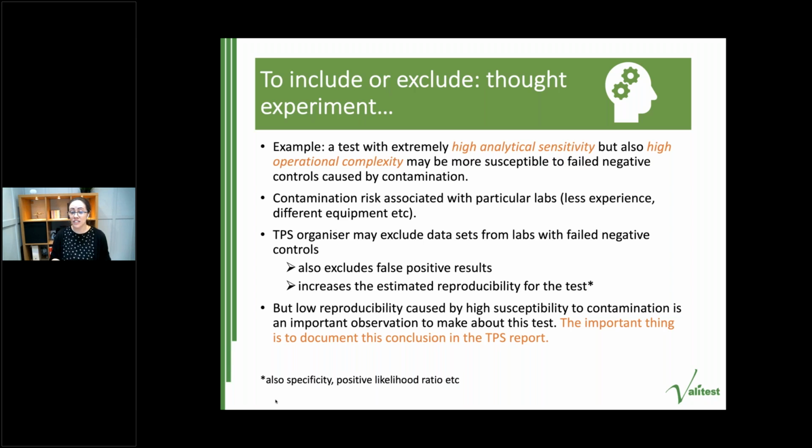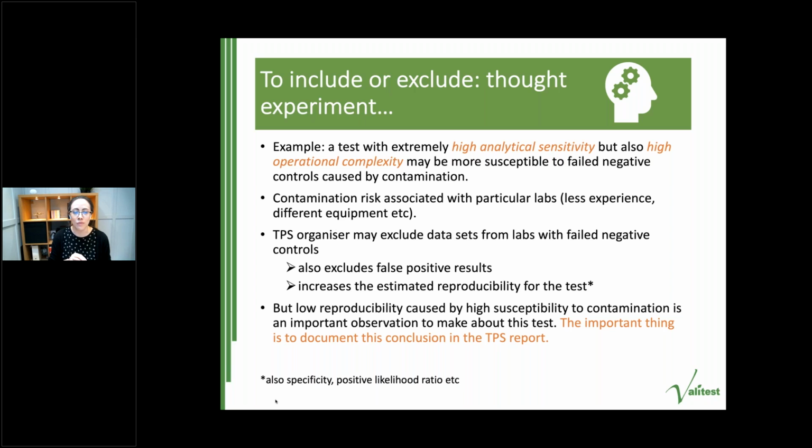If the TPS organizer decides to exclude data from all the labs with failed negative controls, which is a perfectly reasonable thing to do, you have to bear in mind that that will also exclude the false positive results within those data sets. And that means that the estimated reproducibility for that test will be higher than if you'd included those false positive results. And not just reproducibility, but also measures including specificity and positive likelihood ratio and so on.